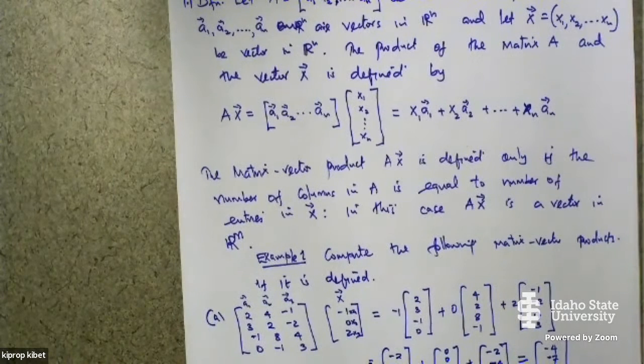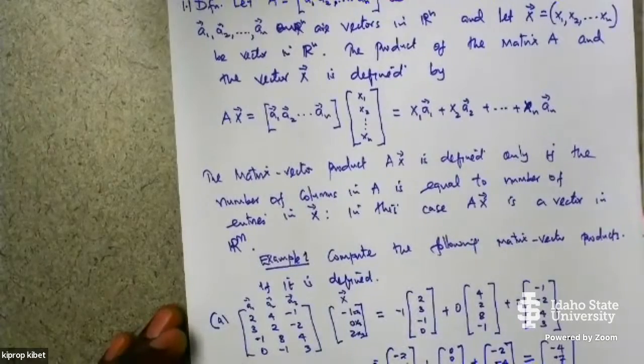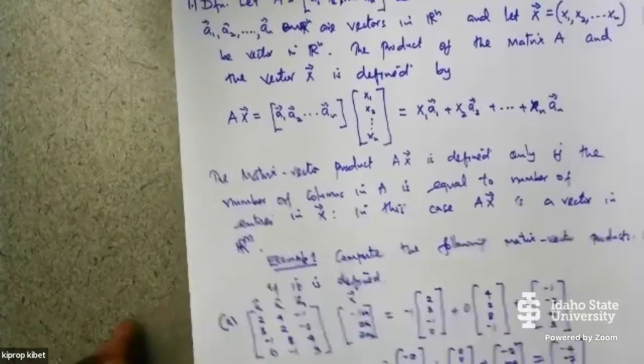And that is it. So that is the easiest way of multiplying the matrix. Any question up to that? Okay.